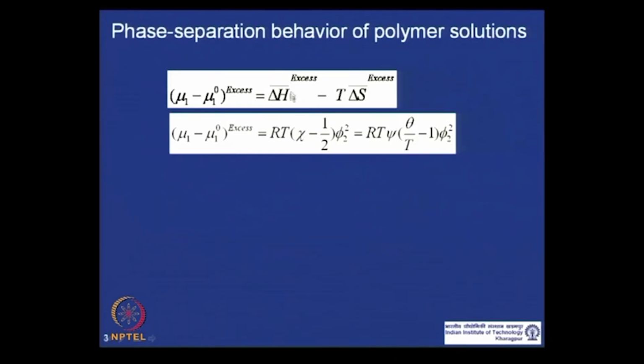Now, both these excess terms are also dependent on the temperature, and you can also express them in terms of the polymer solvent interaction parameter, and finally with the entropic parameter. Now, chi, which is the polymer solvent interaction parameter, is also temperature dependent.